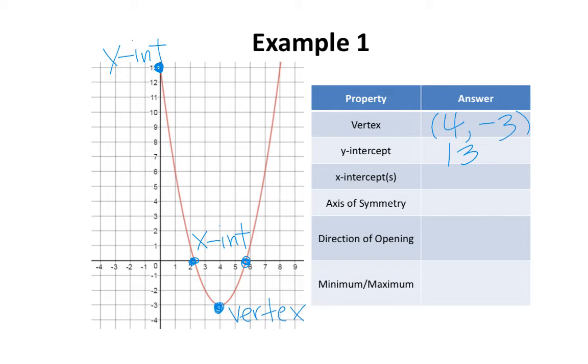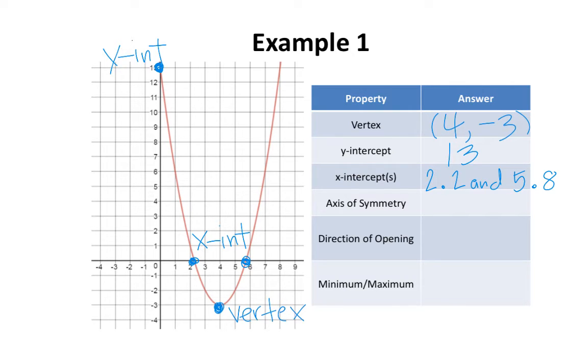Therefore, the x-intercepts are what looks to be about 2.2 and what looks to be about 5.8. These are approximate.